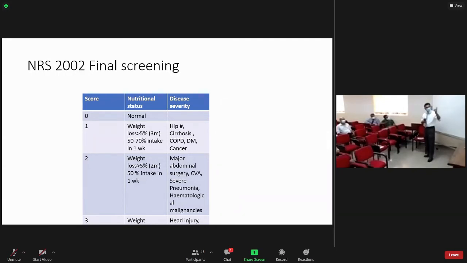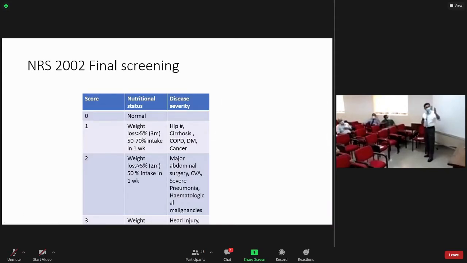We consider weight loss significant if it is more than 5%. If it is within 3 months, we give 1 mark. If it occurs within 2 months, we give 2 marks. If it occurs within 1 month, we give 3 marks.